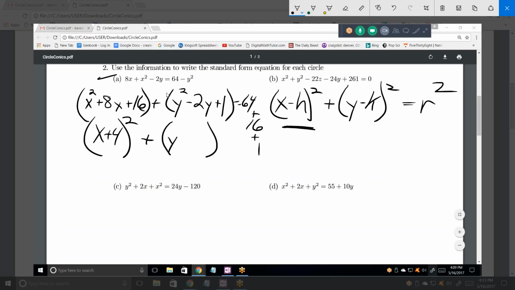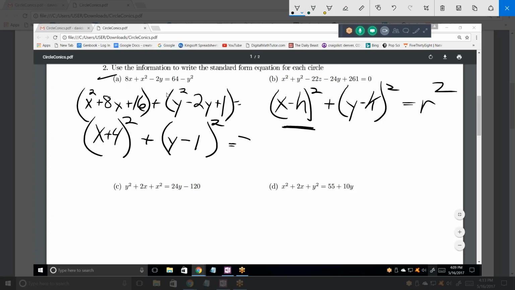Next term is y minus 1, and then that's the square. And now the right side, I add up all my numbers, I get 81. So that's what the right side is, 81.